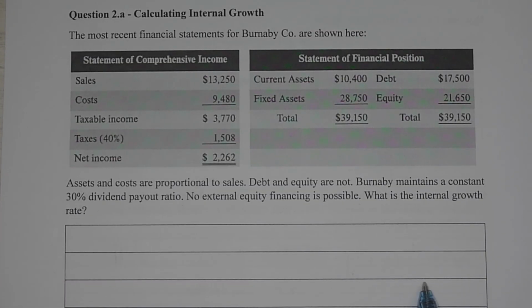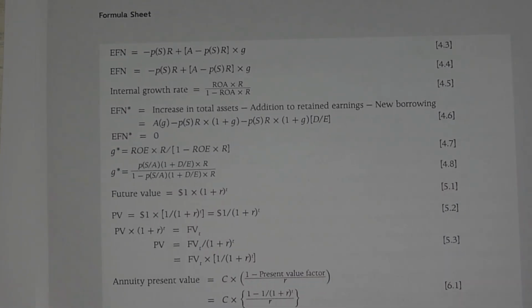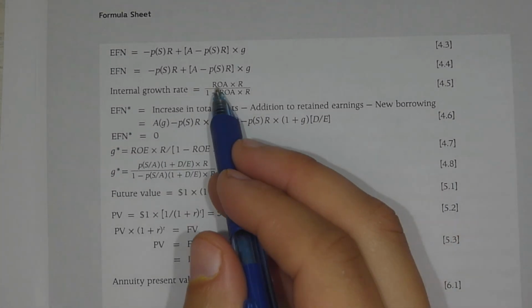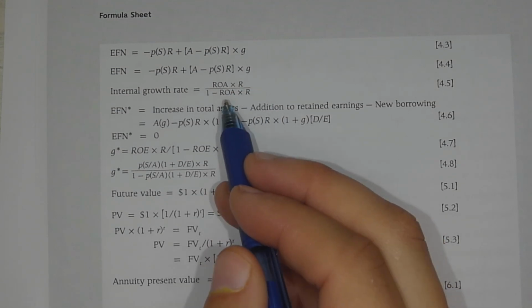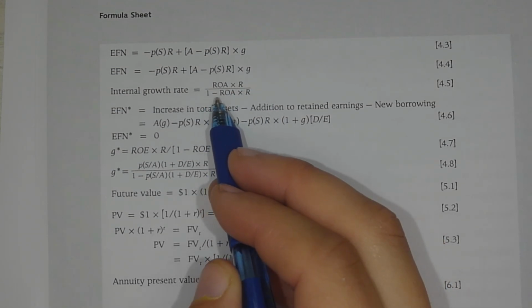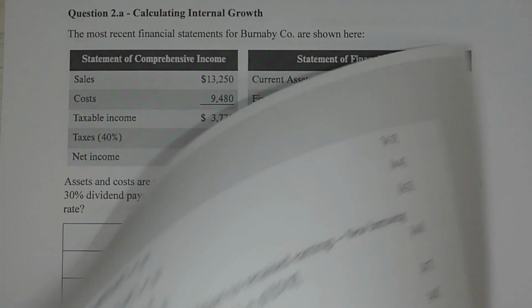So the internal growth rate formula that we use, found on our formula sheet, is return on assets times retention rate over 1 minus return on assets times retention rate.